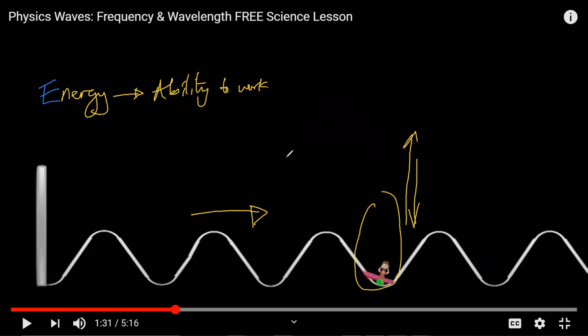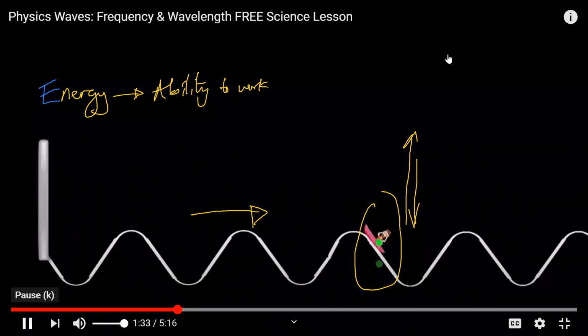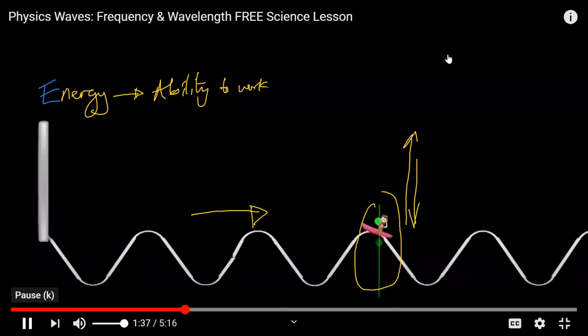Meaning that when you're talking about a wave motion, wave motion involves a transfer of energy from one end to the other without motion of the water medium itself. You can check it again here and you see the wave moves to the right, but the boat only moves up and down. You can check this out next time you're in a boat.